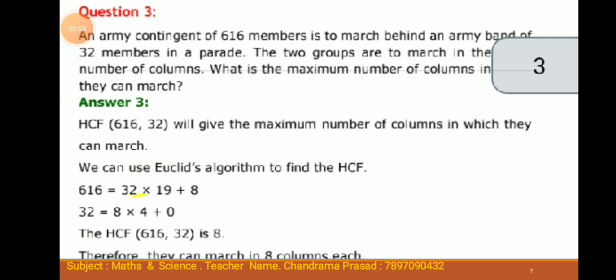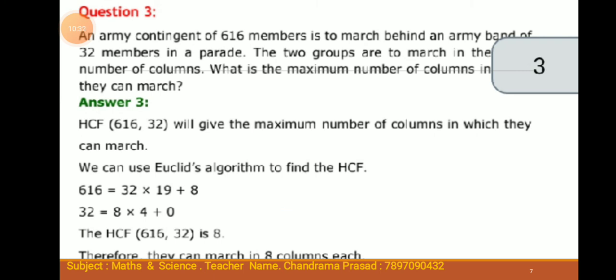Now, by applying the Euclid division algorithm to find the HCF of 616 and 32, this can be written 616 = 32 × 19 + 8. Since the remainder is not equal to 0, again apply the Euclid algorithm between 32 and 8.